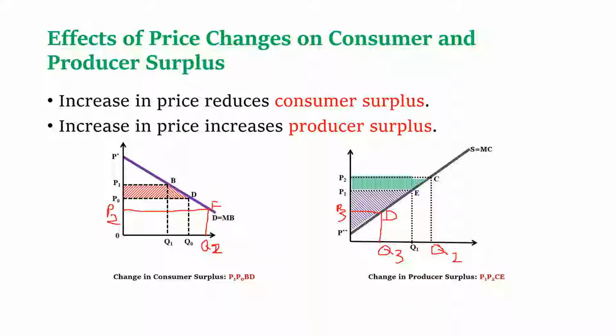So the producer will lose when the price falls, and then the consumer will gain when the price falls. When the price increases, the producer will gain, and then the other economic agents, the consumer, will lose. So this is what happens when you experience changes in prices for the commodity.